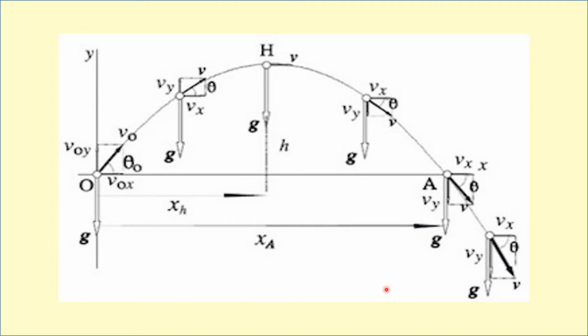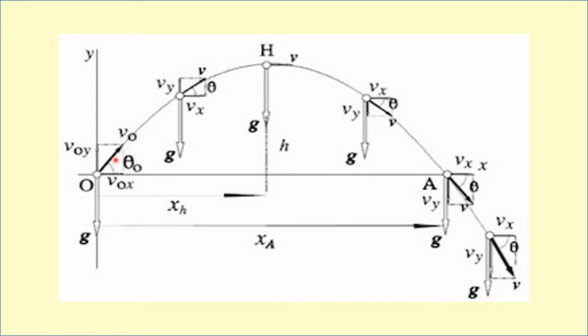Let's take a look at an illustration of how we analyze the motion of a projectile. Initially, at this point O, meaning the origin, the projectile has an initial speed labeled here as v sub 0 or v naught.